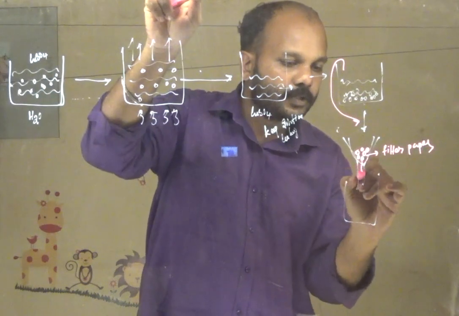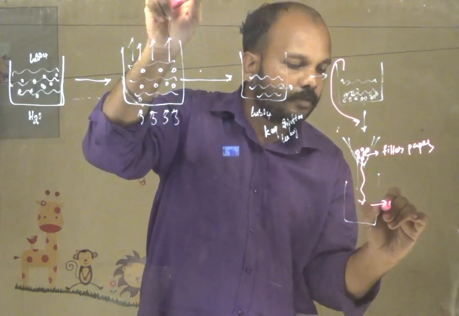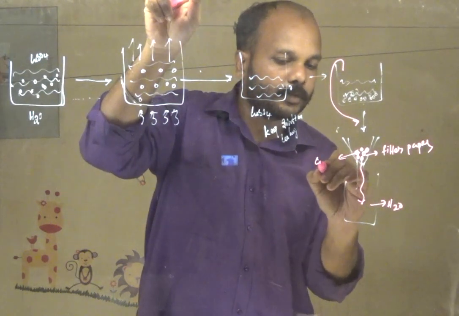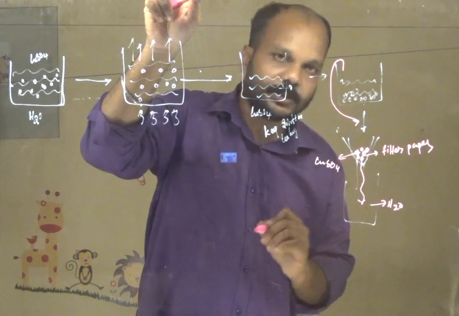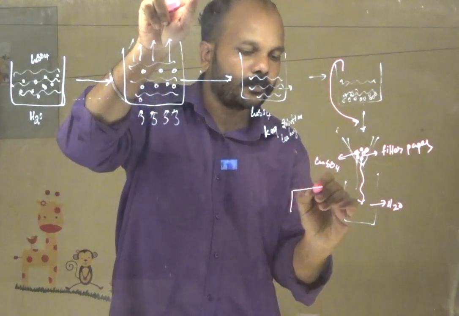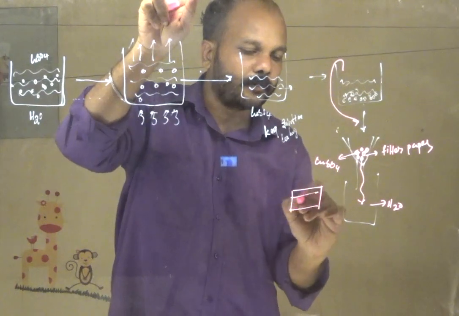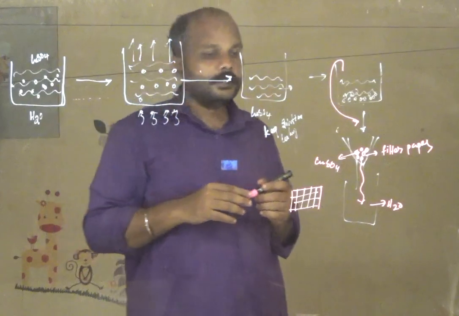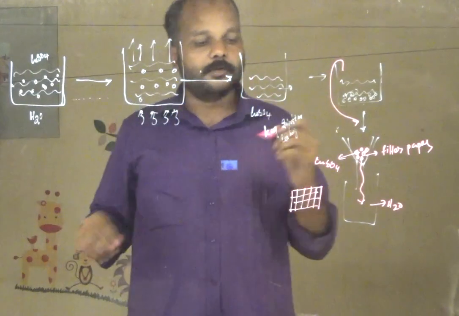Here the water comes out, and the copper sulfate remains as a residue on the filter paper. Take it out, keep it for drying, and you will get copper sulfate.